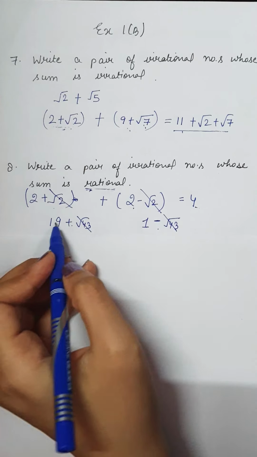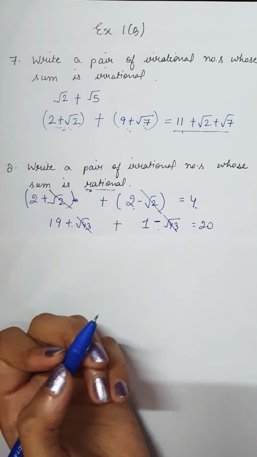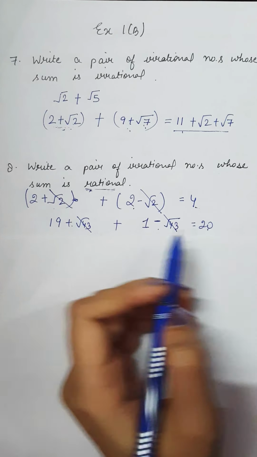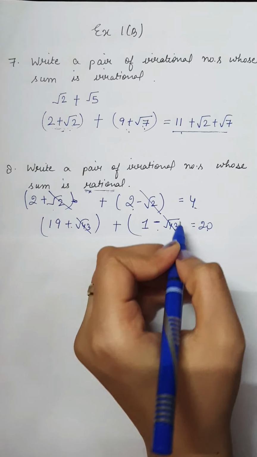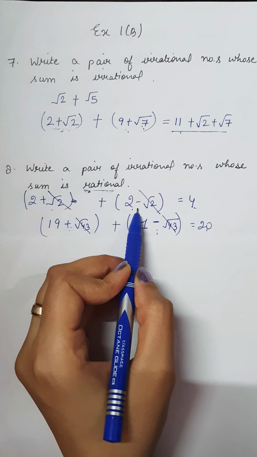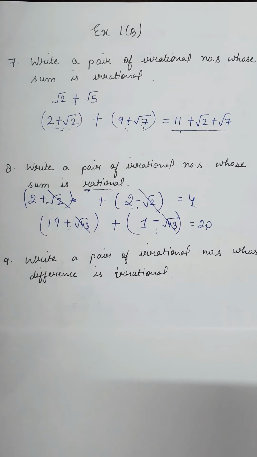So 19 plus 1, 20. Answer is a rational number. So according to what answer you want, you can decide your pairs. So the pairs can be this, this, or infinite pairs are there. So you can make your own pair. Now let's come to the next one.